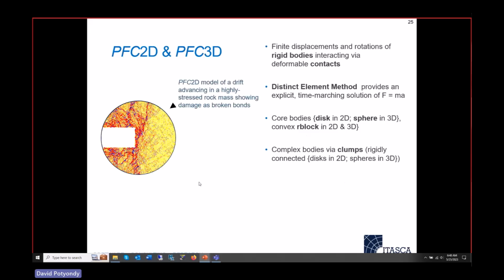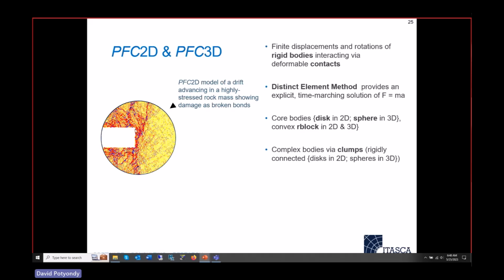All right, so here's an example of a PFC model of a drift. This is a 2D model. This is the face of an advancing drift in a gold mine in South Africa, deep underground, about 3 kilometers. It's quartzite, and it's extremely high stress. As you advance this, you're advancing from left to right.